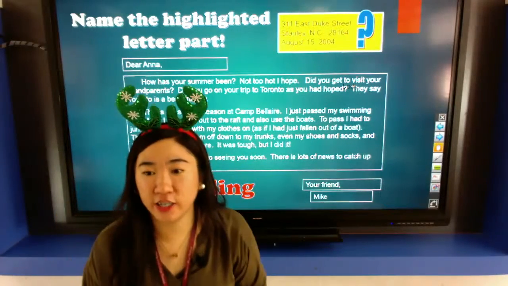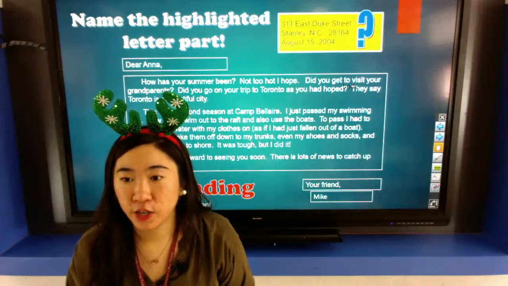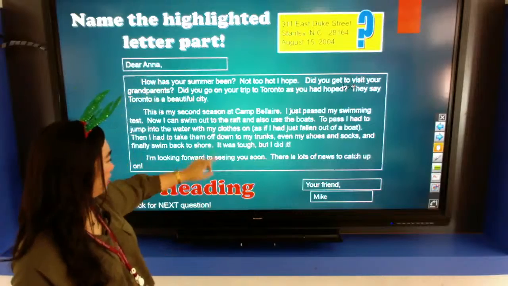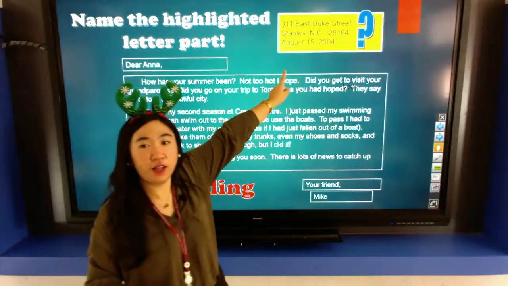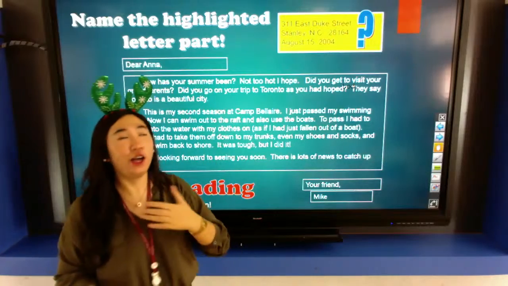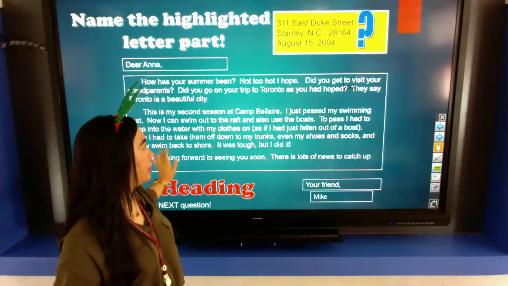Heading. Very good. Number 3. Very good. Room 8 is participating in this class. The first one is called heading. It is the address and the date of when you wrote your letter.